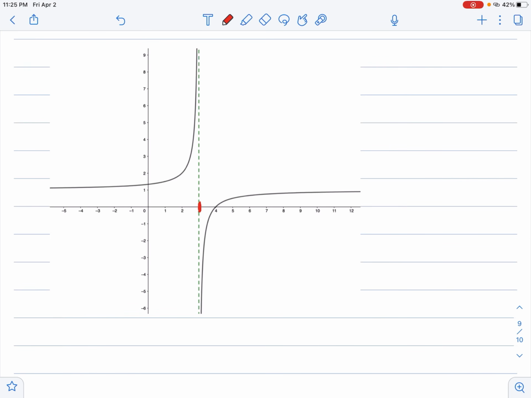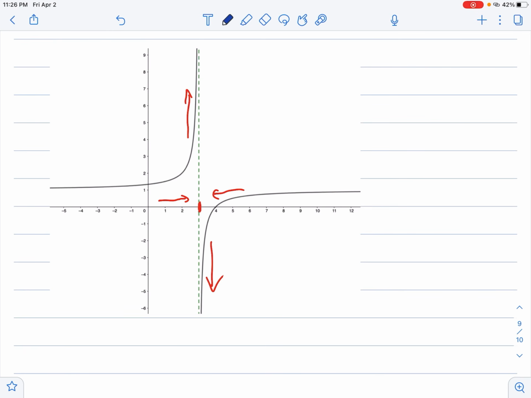And kung mapapansin nyo, as x approaches 3 from the left, no? Yung f of x natin pataas ng pataas, no? Approaches positive infinity. And yung as x approaches 3 from the right, pababa naman yung values ng f of x natin.